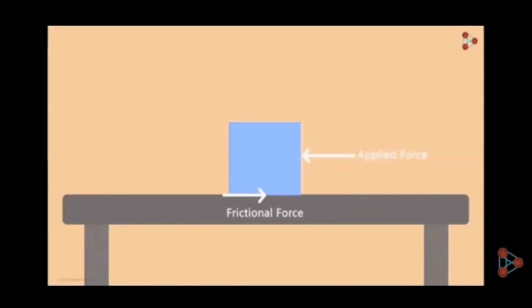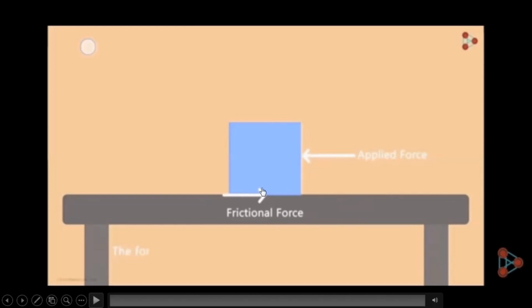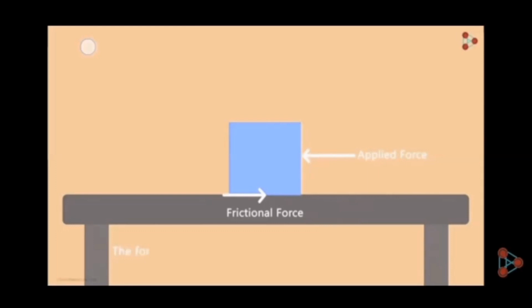But if we apply the force along the left, then the force of friction will act towards the right. See here, the frictional force opposes your applied force. Understand? So maybe you'll get the answer here. That means how friction acts. Clear? And how friction opposes the applied force. Clear? Now there is another question.